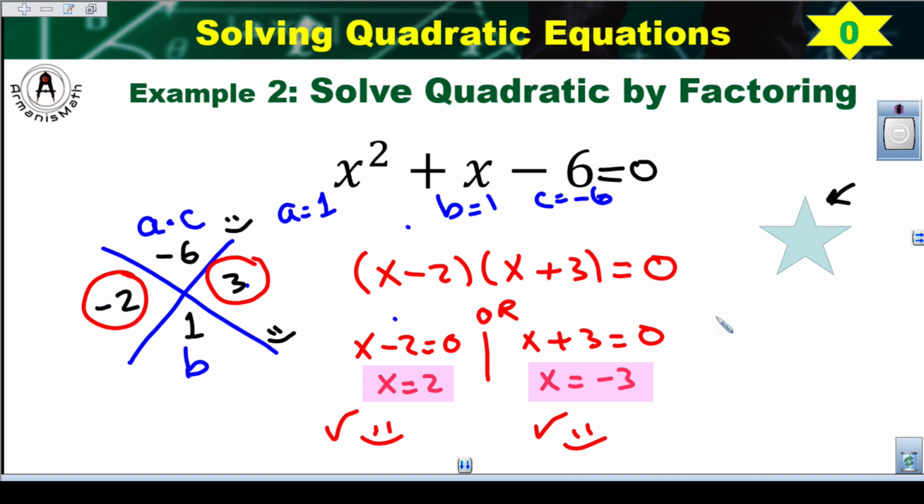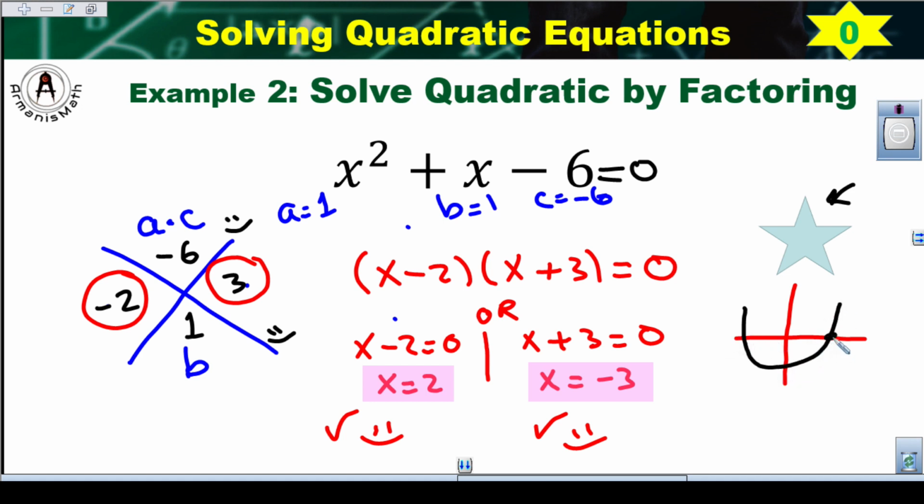By the way, do you know what exactly this means? Because when you say these are solutions, what you're saying is this quadratic graph touches the x-axis at these two numbers.